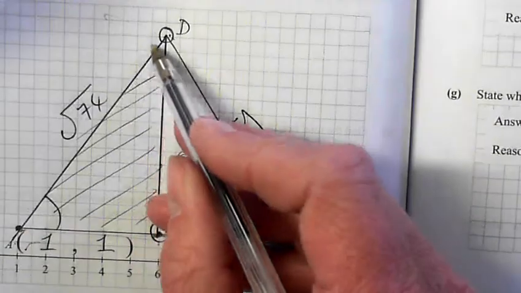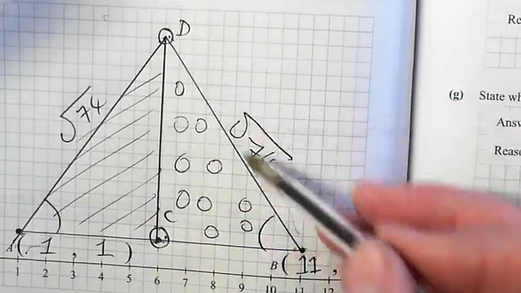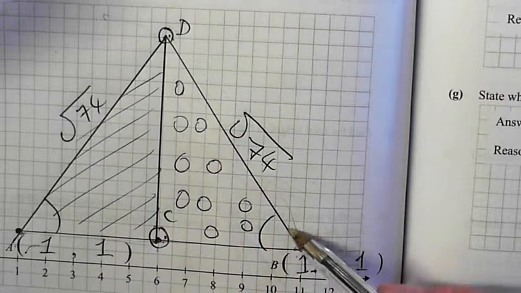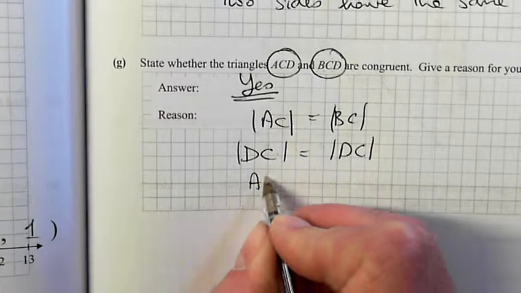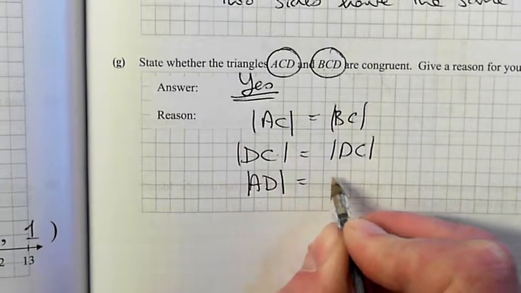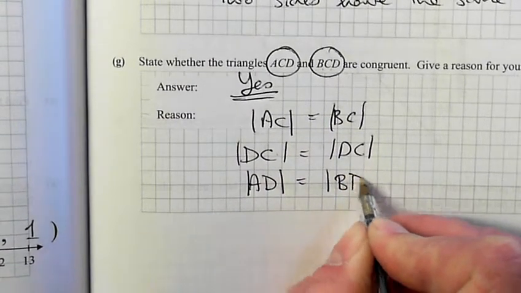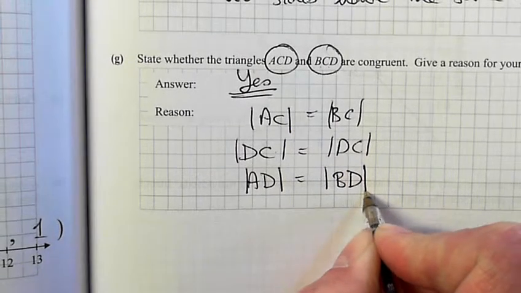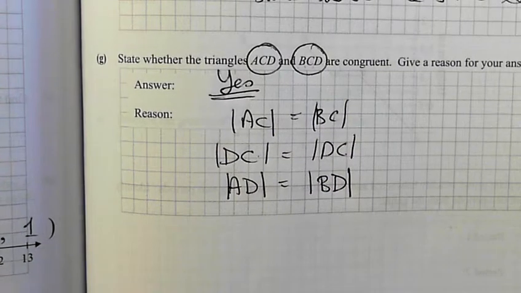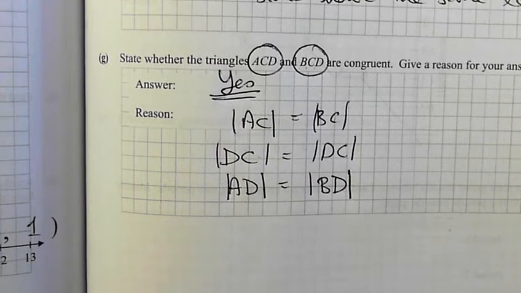This side, AD is equal to BD. All three sides are equal in length, aren't they?